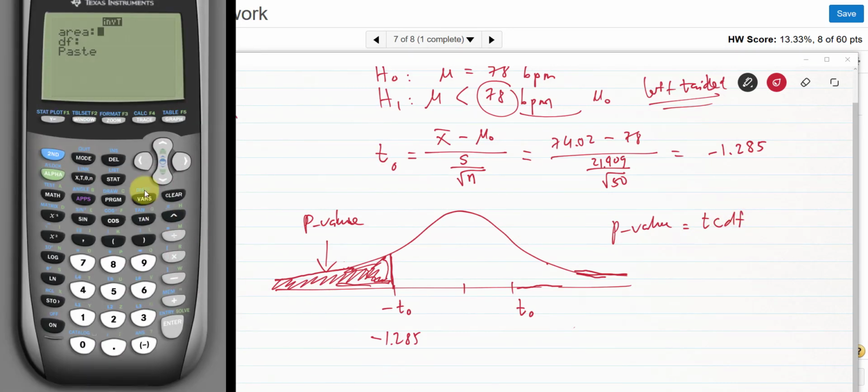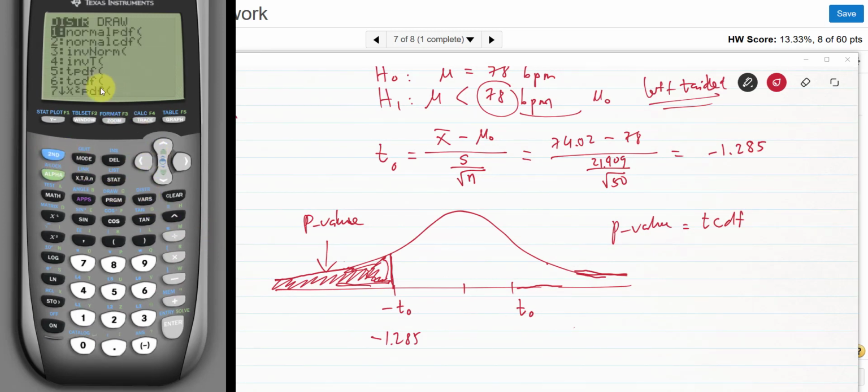So for the p-value, we are using a function called TCDF, because this is the student t distribution. Go to second var, distribution, and choose TCDF, option 6. Now because we want all the way from the left, the lower bound is all the way from the left.